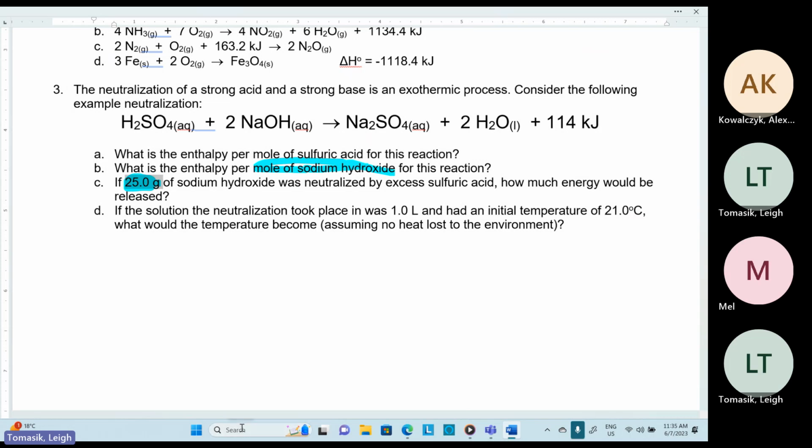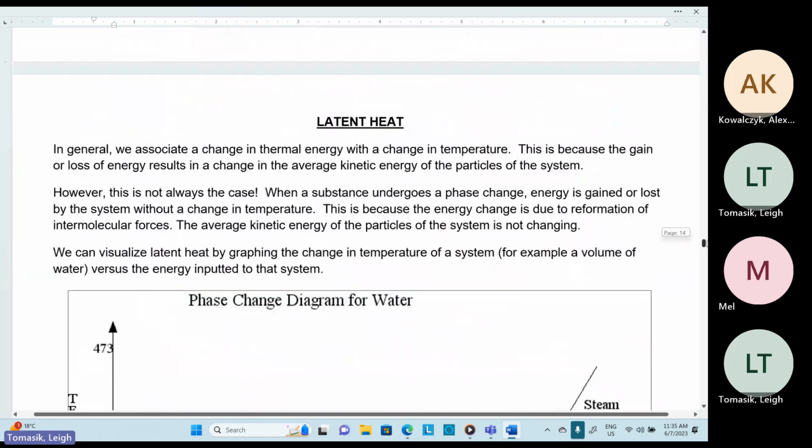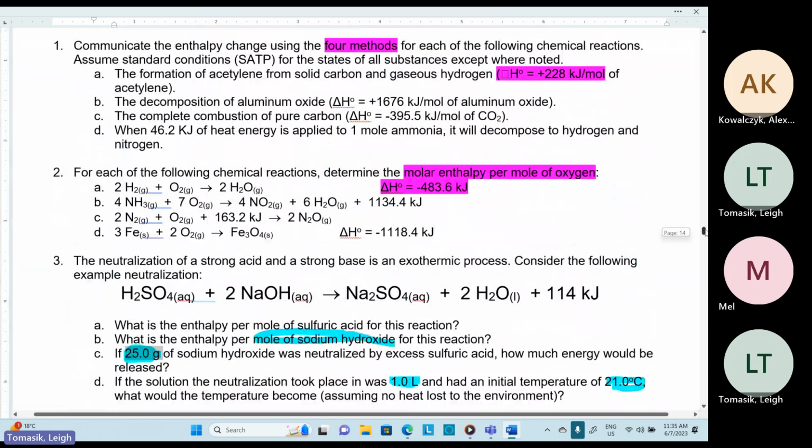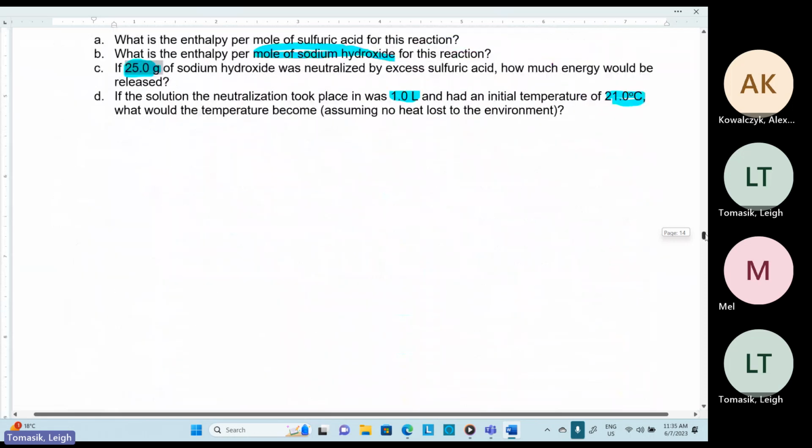If the solution the neutralization took place in was 1 liter of water and had an initial temperature of 21 degrees Celsius, what would the temperature become? So that last question is going to test if you still know about calorimetry, but mostly the questions there are fairly straightforward. They don't seem to have any answers, so I'll work on that for you.